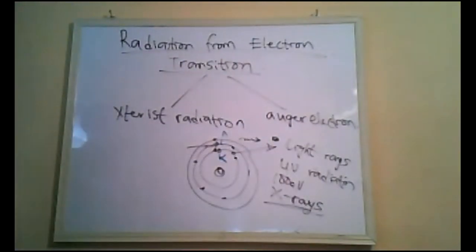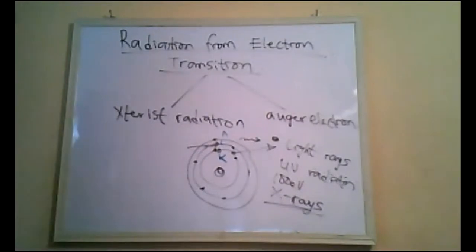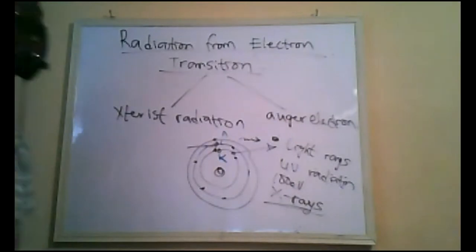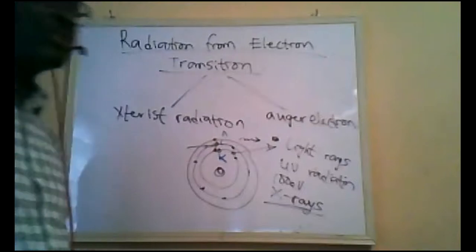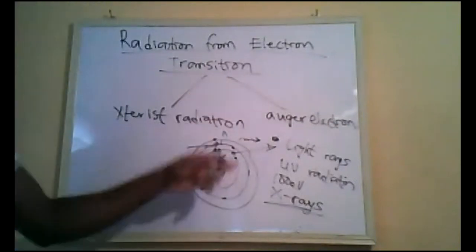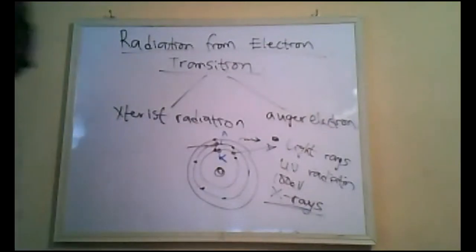So these two processes compete during photon interactions. We are going to see some of them, especially the photoelectric effect, pair production, and so on. They all compete for relevance during these interactions.